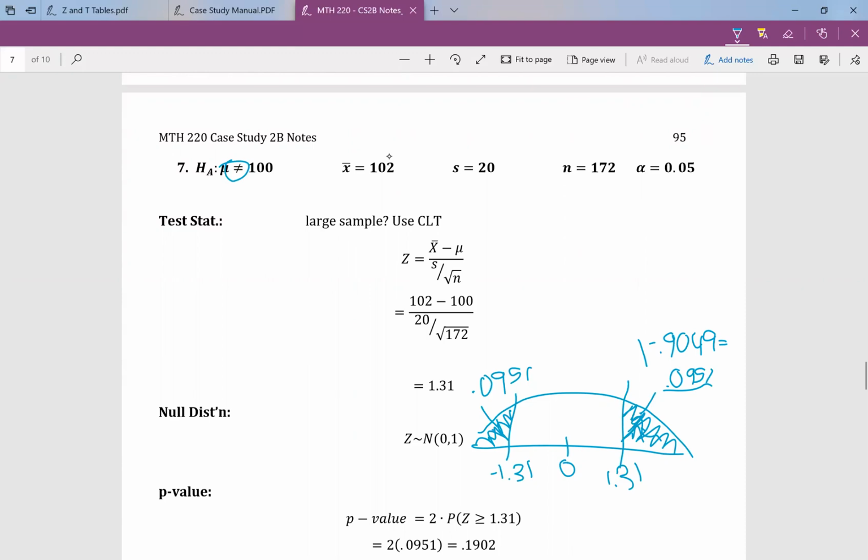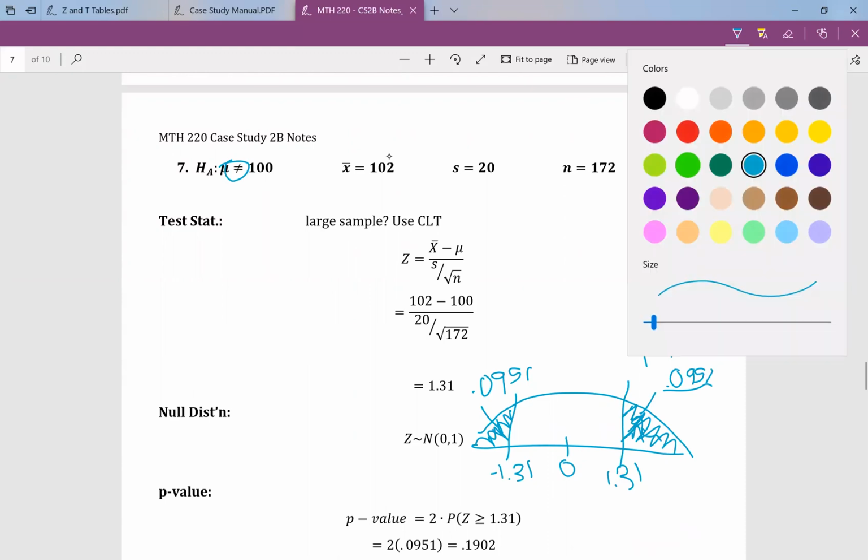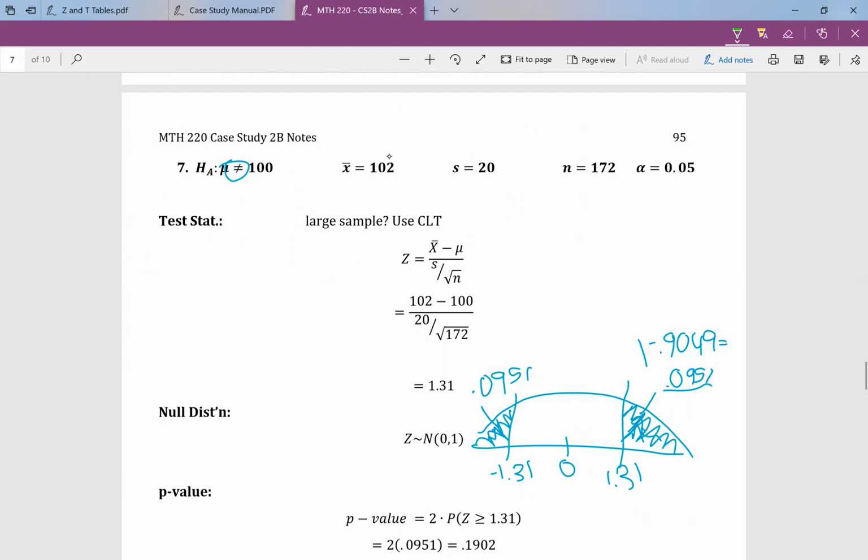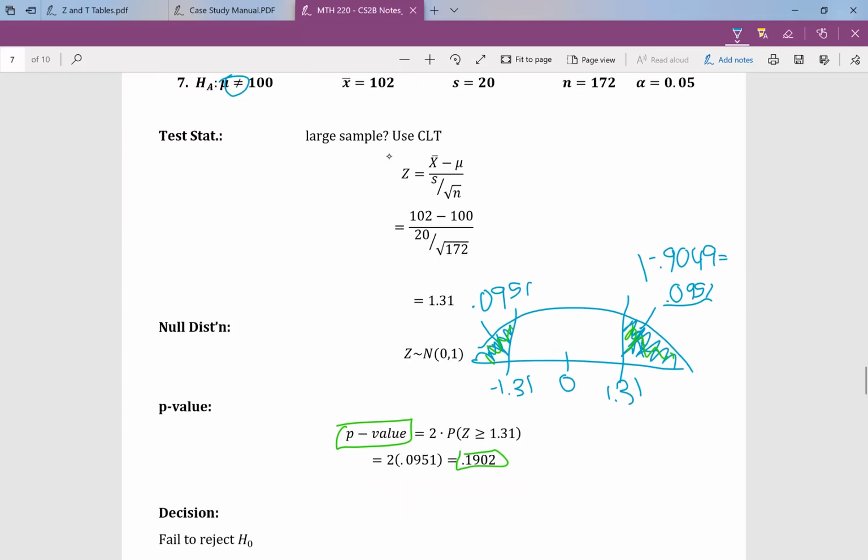Okay, and so then we want to double that. We get 0.1902 as our final p-value. Okay, and that represents both of these shaded regions. So 0.1902, we compare that to alpha of 0.05, and that gives us a decision of fail to reject H0.